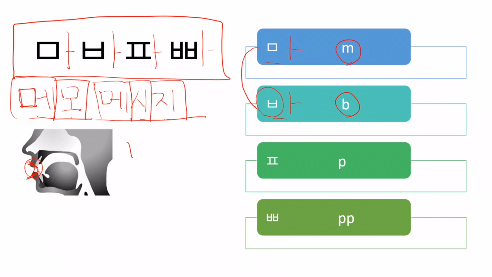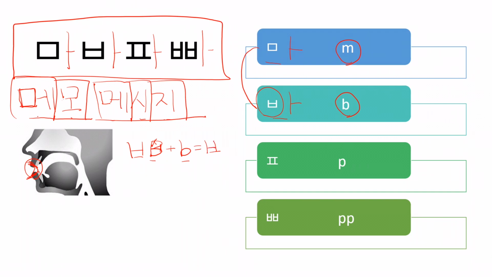Now let's take a look at the b sound. B sound, if you look at the letter, doesn't it look like a crossover between the English B, the big B, and the small b? If you take off the top part of it, it kind of becomes the Korean B sound.